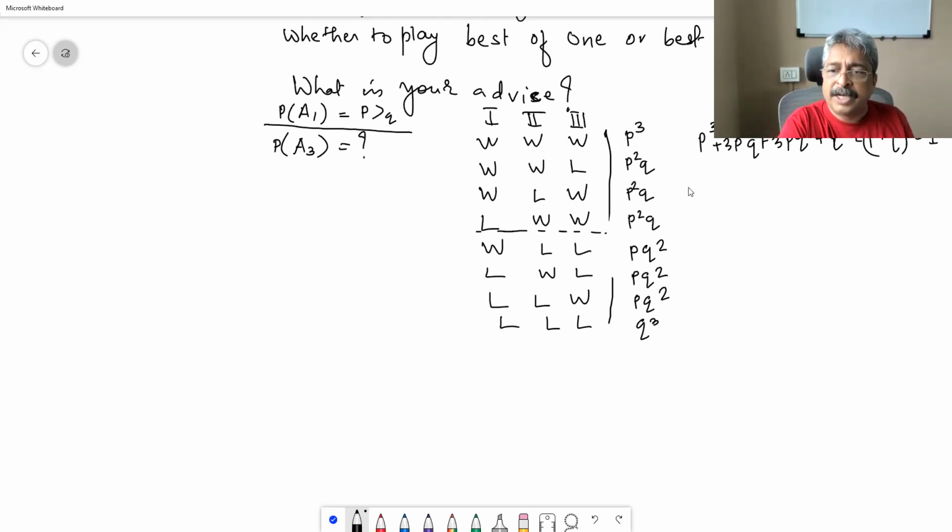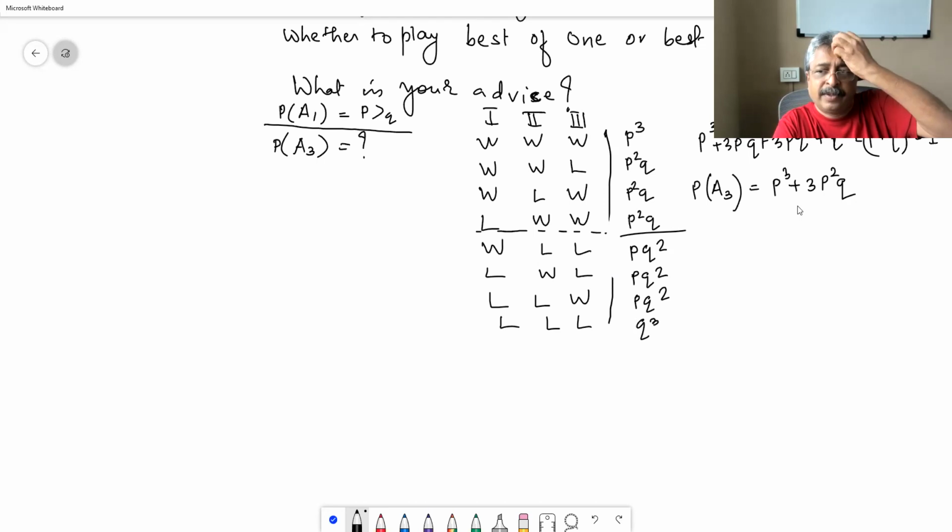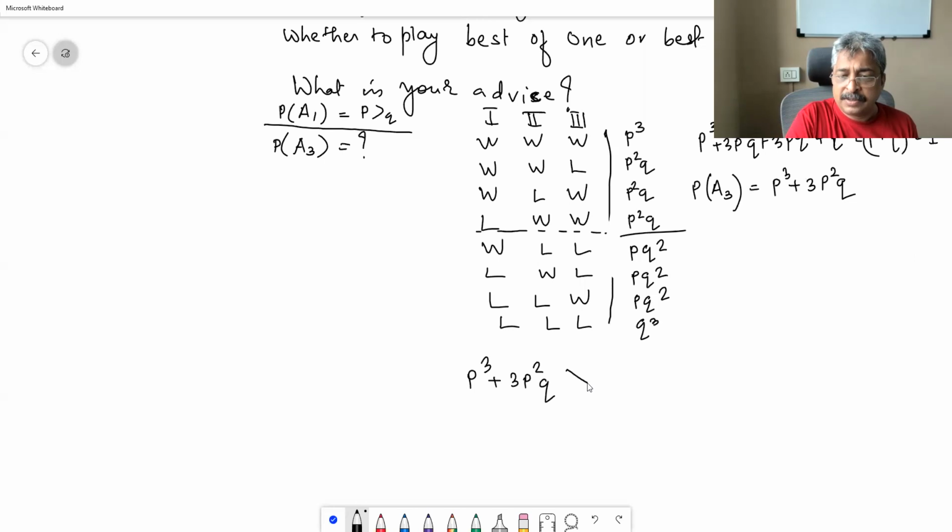Now, probability of A winning in 3 matches is p cube plus 3p square q. Only up to this. Beyond this, A is not winning. So now we will have to compare whether p cube plus 3p square q is bigger than p or not.